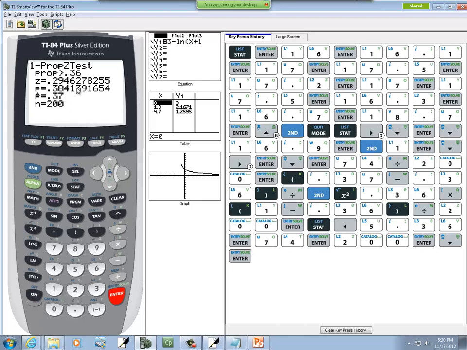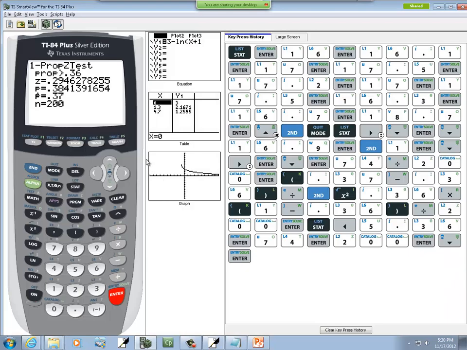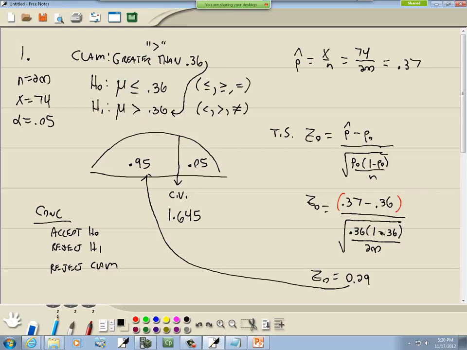And we get 0.2946. What I'm trying to point out here is that on this particular one we would get the same answer. On this one, since this is based upon tables, this may be different than technology. So if you're doing it by hand, you may get different answers than if you're doing it by technology, whatever that technology might be.